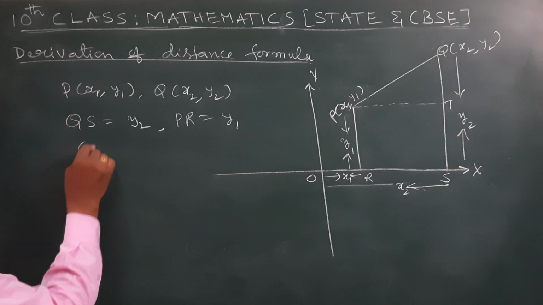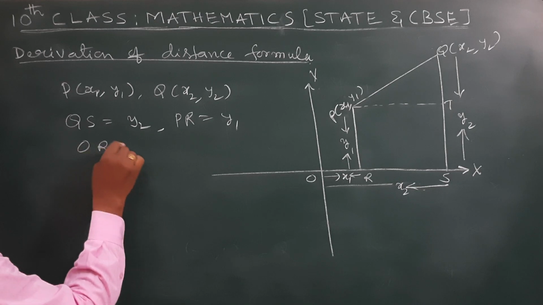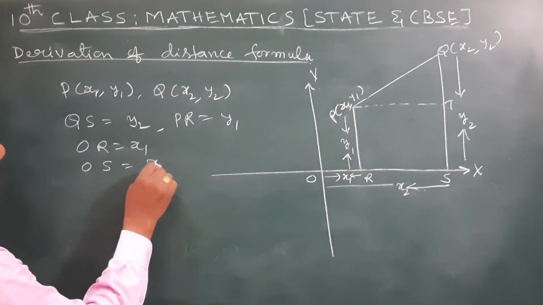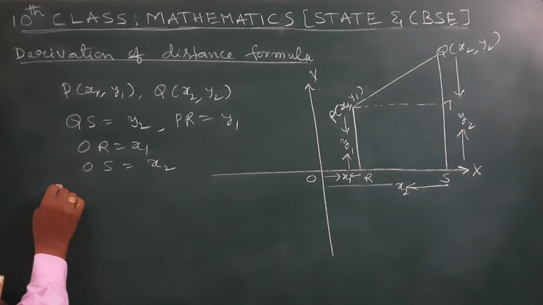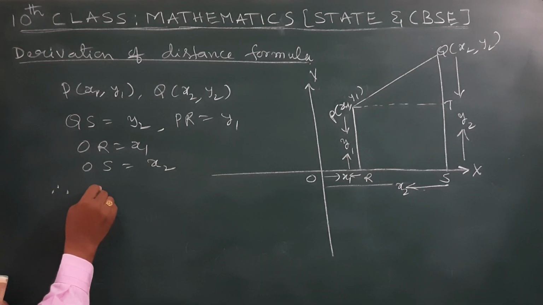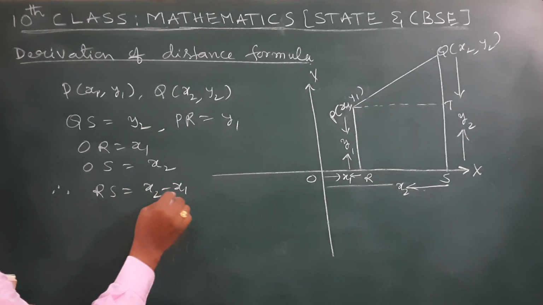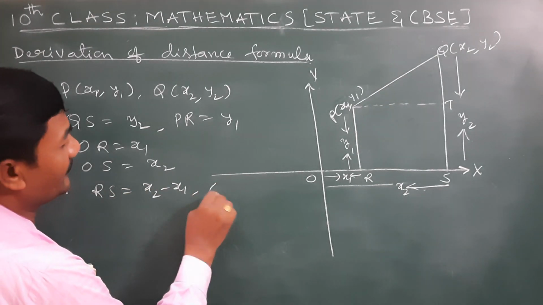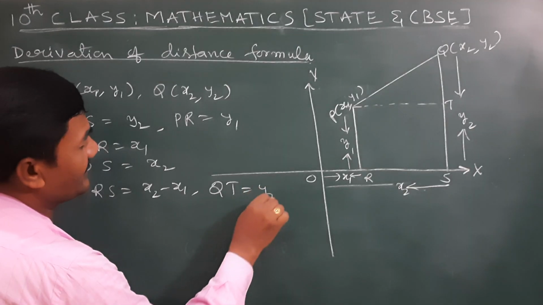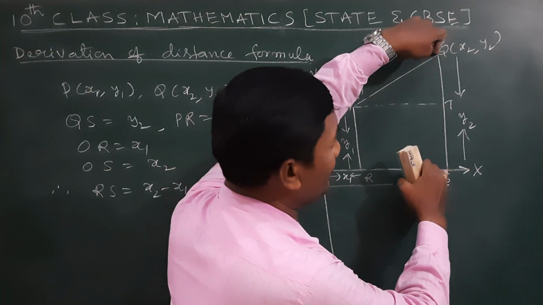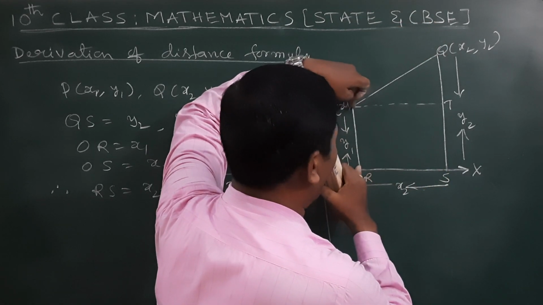Another is OR is equal to X1. OS is equal to X2. Therefore RS is equal to X2 minus X1. Another is QT is equal to Y2 minus Y1, because the total length is Y2 and this length already Y1 is there.